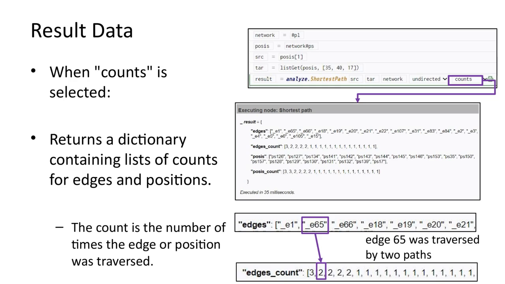The posis key is a list of all positions traversed by all shortest paths. The posis count key is a list of numbers counting the number of times each position was traversed. The lists will have matching lengths. The edges list will be the same length as the edge counts list. And the positions list will be the same length as the position counts list.